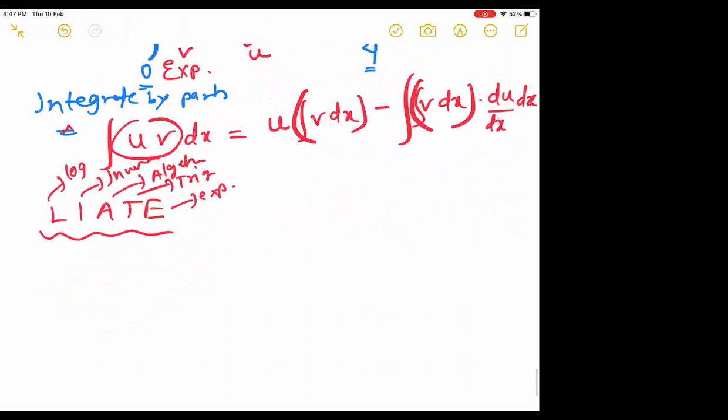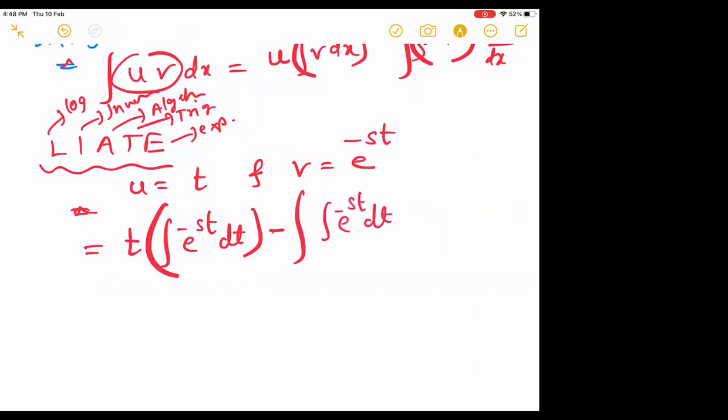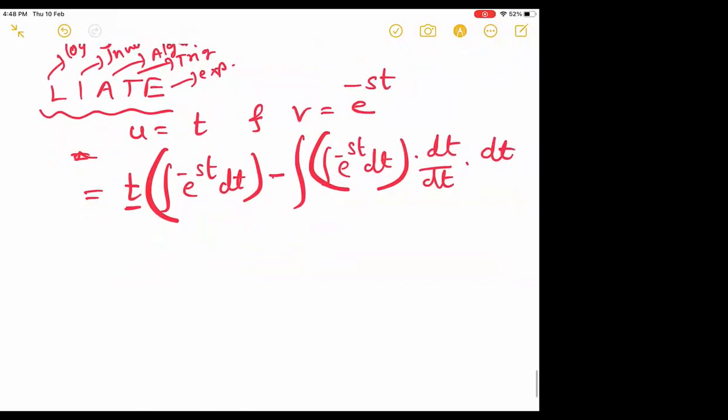Okay. So integrating by parts, u is equal to t and v is equal to e raised to minus st. Therefore, the first term becomes t as it is, times the integral of e raised to minus st dt, minus, under the integration, the integral of e raised to minus st dt times the differentiation of t with respect to t, and further we are integrating with respect to t.